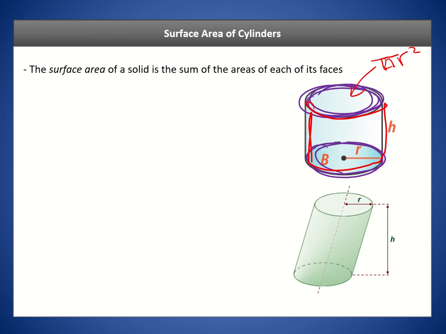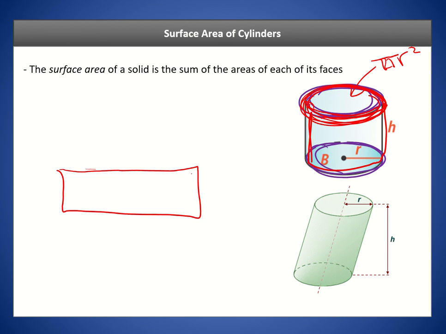Now for the curved part, notice that this part is actually a rectangle if unwrapped. If I unwrap that label for, let's say, a can of baked beans, then it's just a rectangle. And this rectangle has to wrap around the entire cylinder.